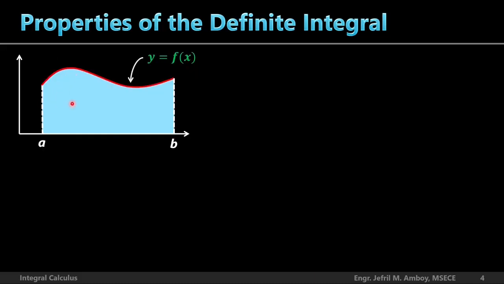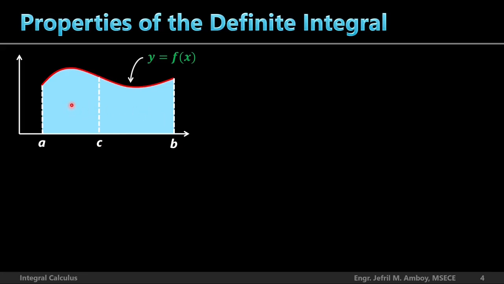We know that this area under the graph of f of x from a to b can be found by evaluating the definite integral of this function f of x with limits from a to b, right? Now, if I will put a constant here in between a and b, another constant, c for example, then the original area will be divided into two regions.